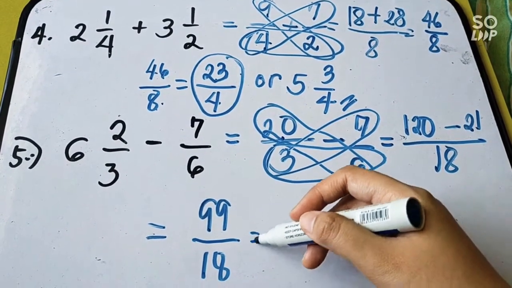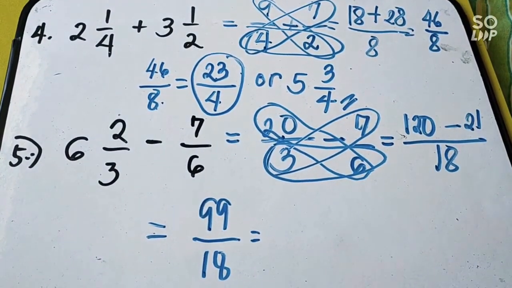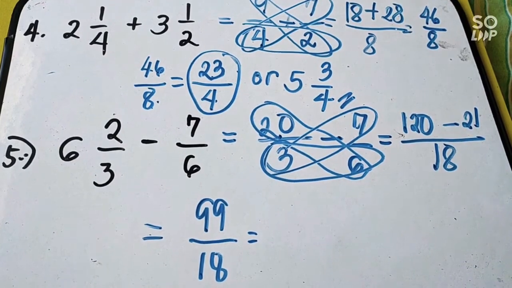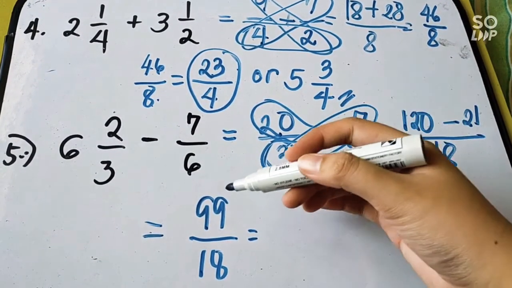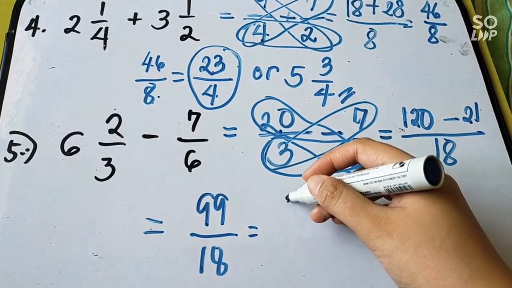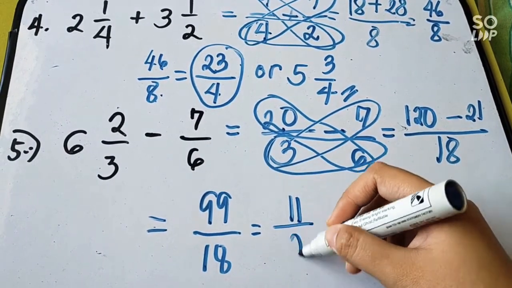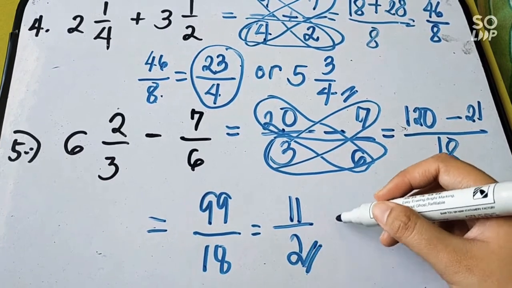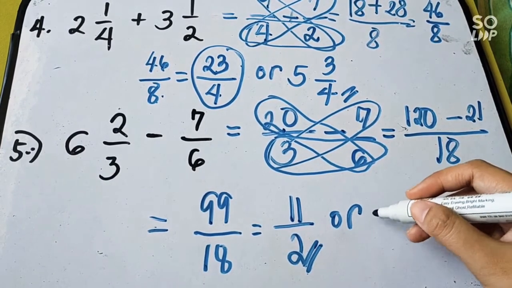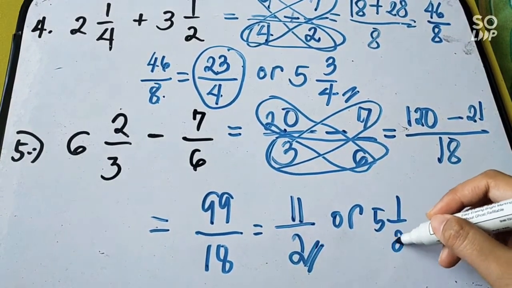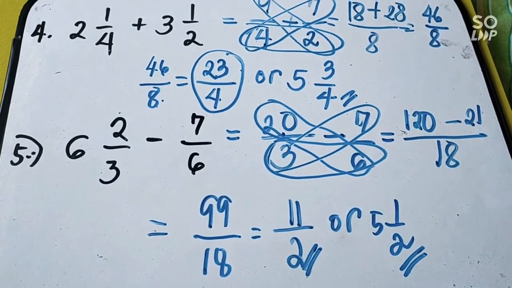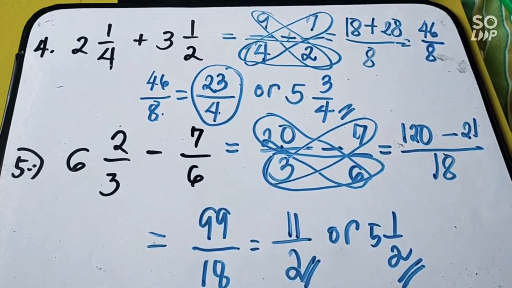Then, simplify 99 over 18. They are divisible by 9. So, 99 divided by 9, the answer is 11. Then, 18 divided by 9, the answer is 2. So, we have 11 over 2 or 5 and 1 half. So, that is your answer. Is it clear?